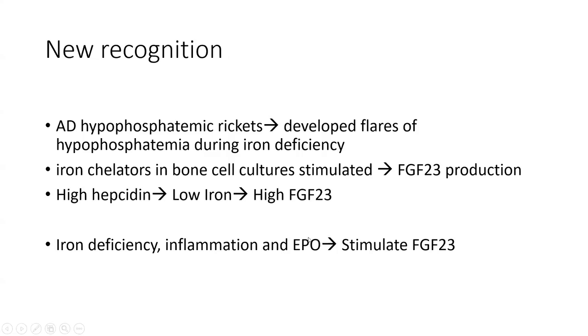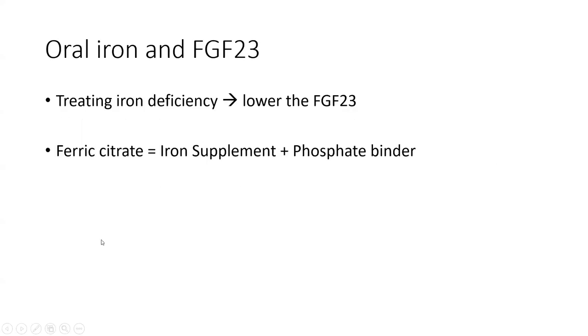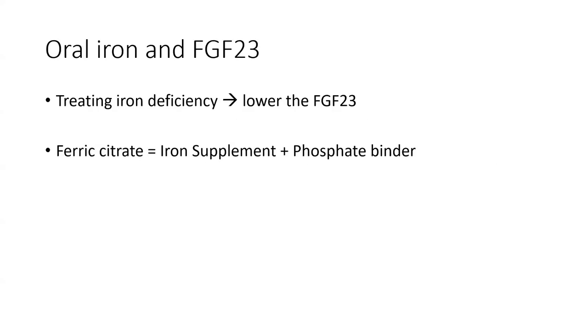And further studies proved that even inflammation and EPO can stimulate FGF23. Now, FGF23 stimulation is bad because of these off-target effects. And this connected iron with FGF23. So the iron deficiency seen in these three conditions indirectly showed that it causes a rise in FGF23. That is why treating iron deficiency is important, and it helps in lowering FGF23.